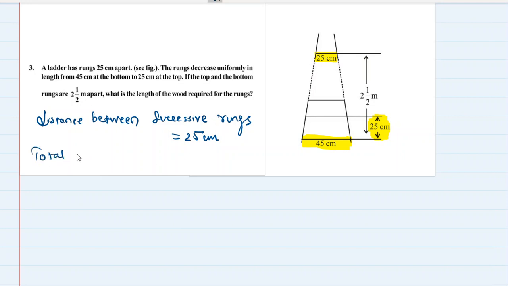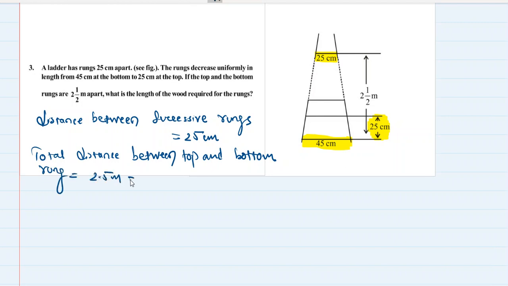Total distance between top and bottom rung is equal to 2.5 meters, which is 250 centimeters. Therefore, how many total rungs are there, we can understand very easily. 250 divided by 25, that is 10 rungs.